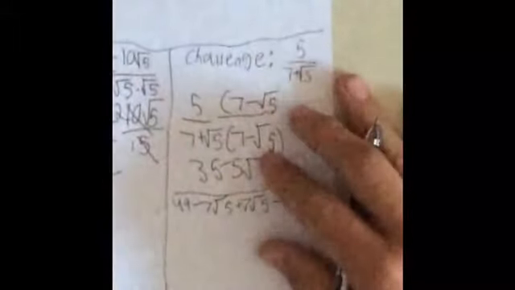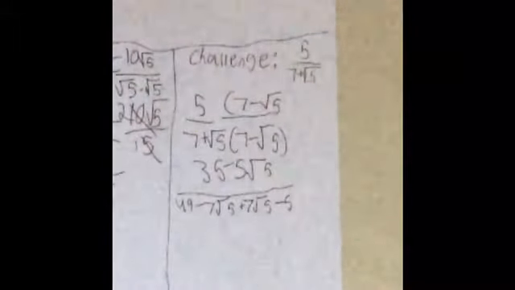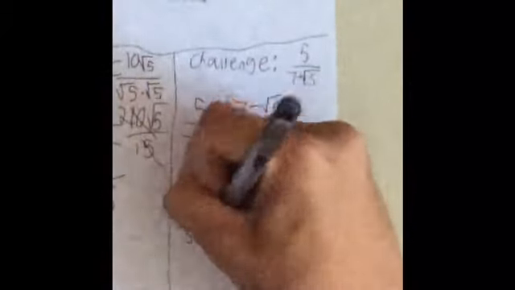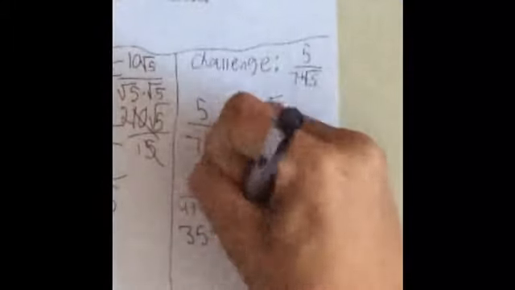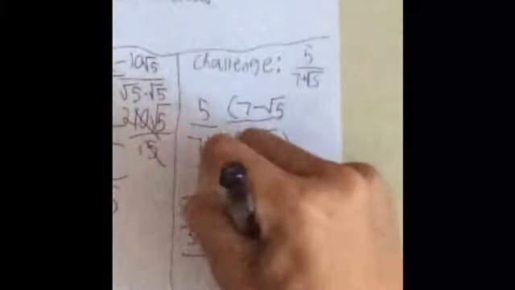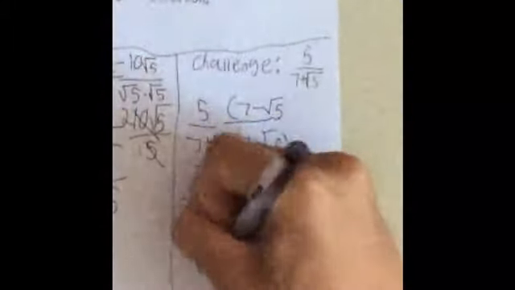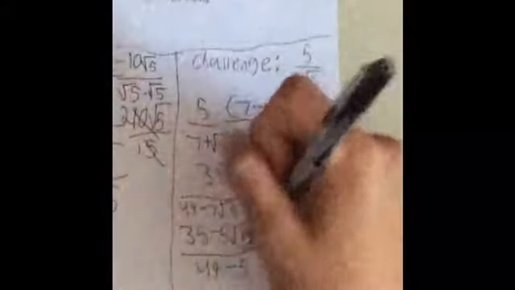So that should be what you have gotten for multiplying that number. Now we can simplify that giant number to a much smaller number, 35 minus 5 rad 5 over 49 minus 5.